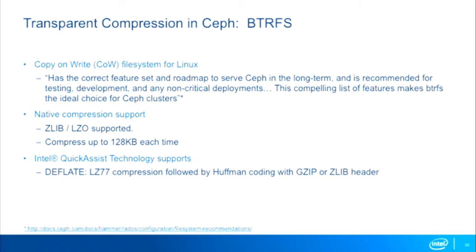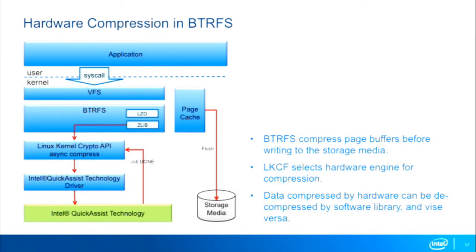But when you do it in the kernel, the extents in the virtual file system are 128K, so you're compressing 128K at a time. And by sticking to deflate, because it's standard, you can do compression with hardware and decompression with software, or decompress something that was compressed in hardware.